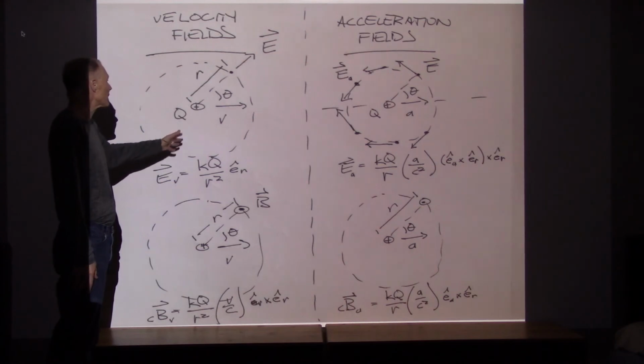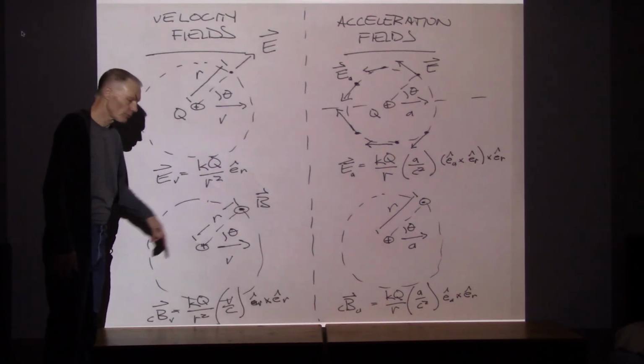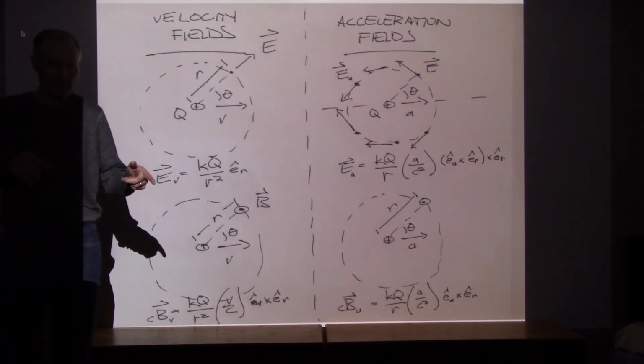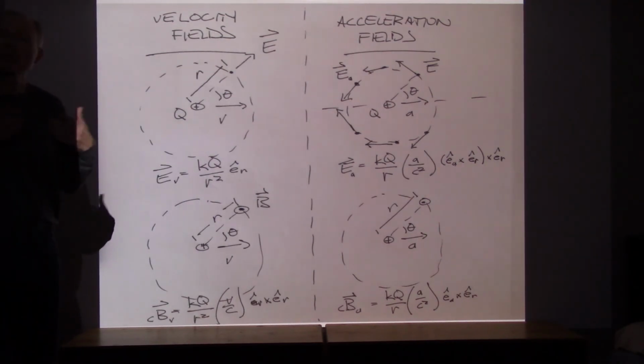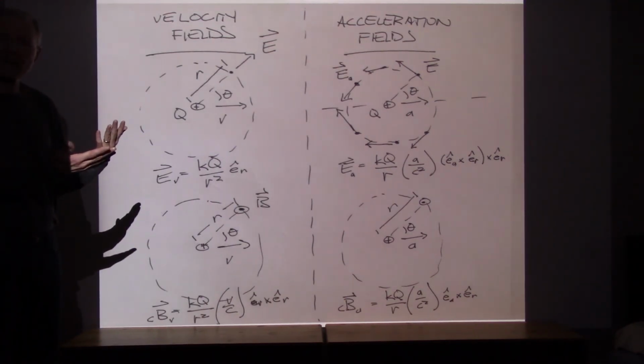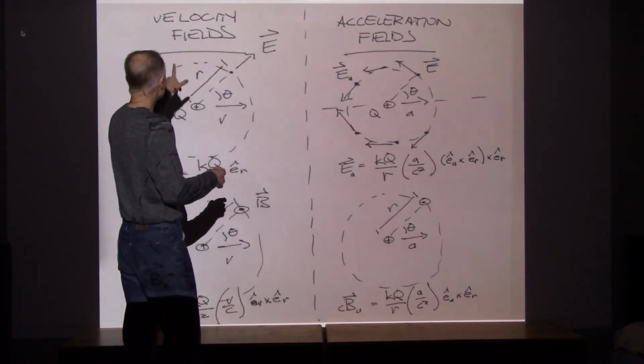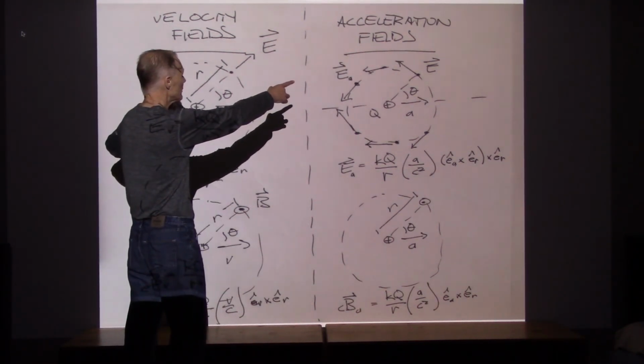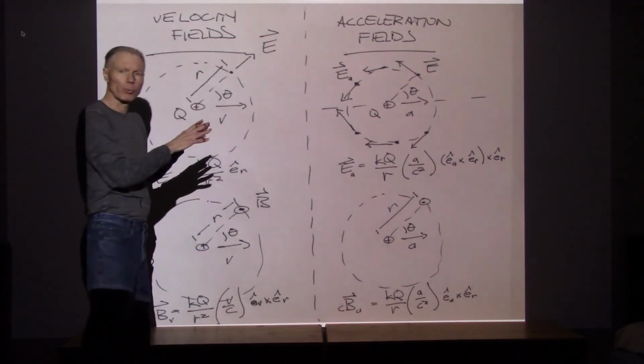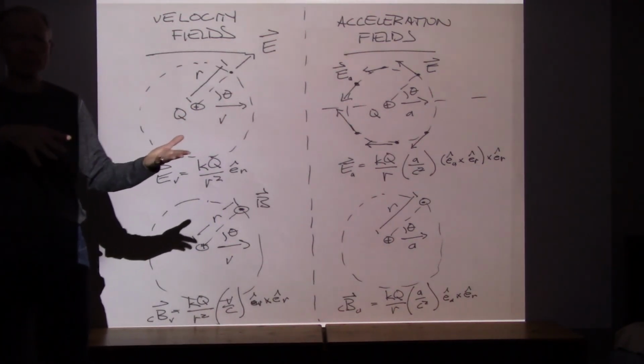Now it turns out that not only does the velocity of the charge determine what the fields will look like, there's also an acceleration dependent portion of the fields. And the formulas actually separate out. Just to let you guys know, the velocity effect and the acceleration effect originate from one formula from special relativity.